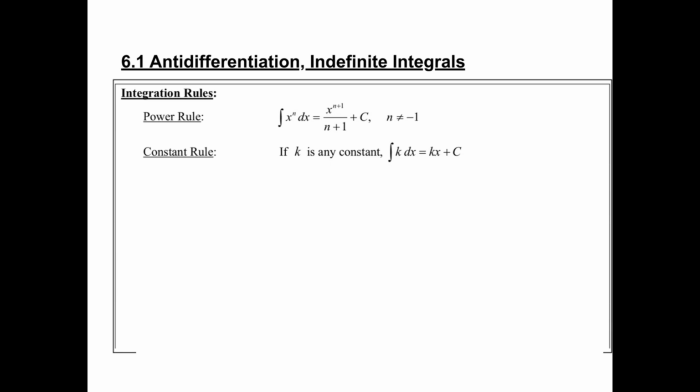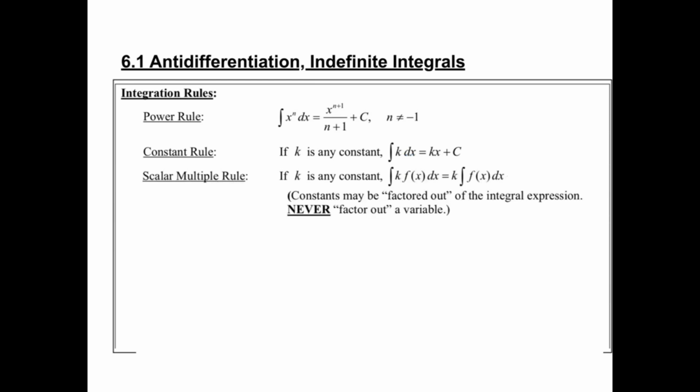Eventually, in 6.1, you have some problems where you will find the constant, but you have to be given some information to do that. So if you have a constant, it's just the constant times x, assuming we're integrating with respect to x.